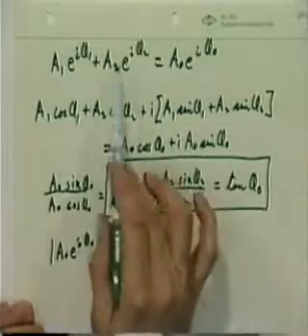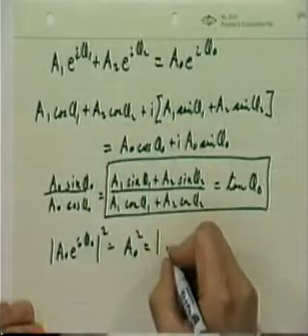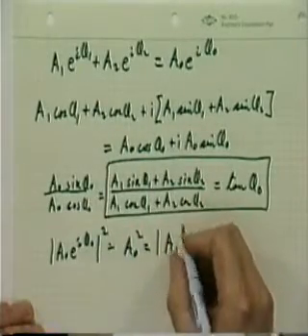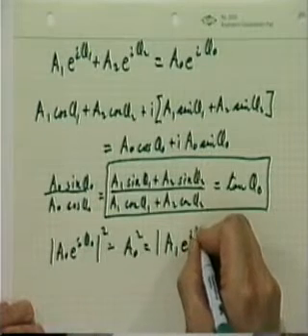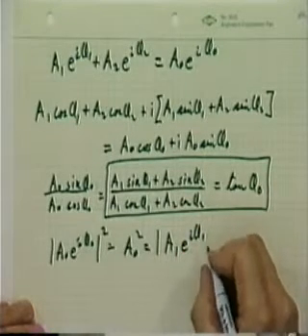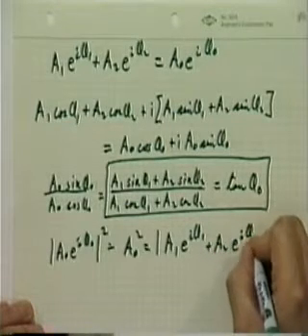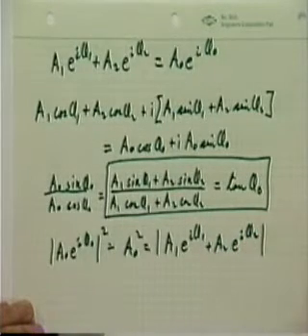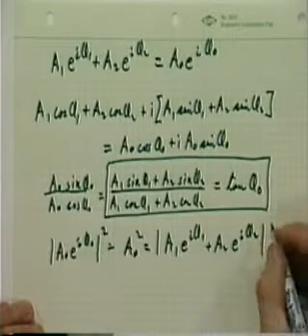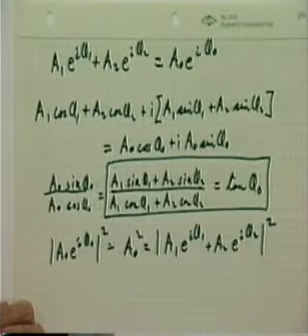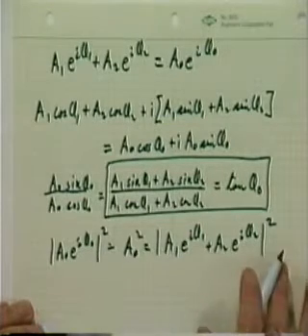So that's going to be equal to this squared. So that's A1 e to the i phi 1 plus A2 e to the i phi 2, squared. And so we just square this here.